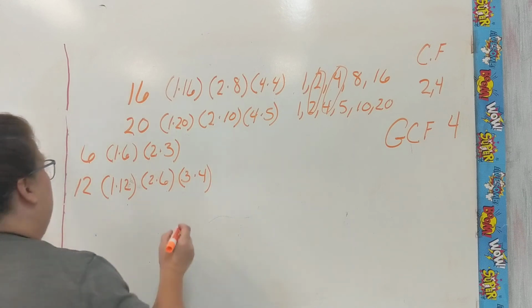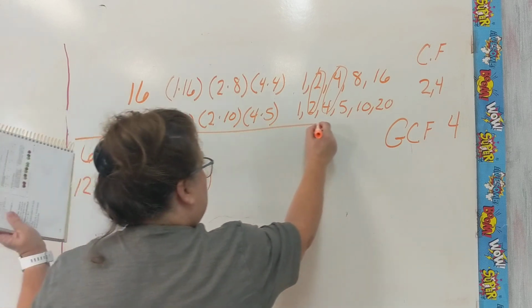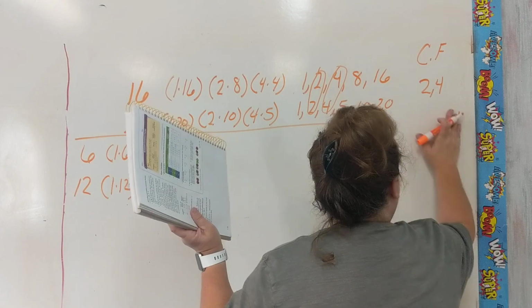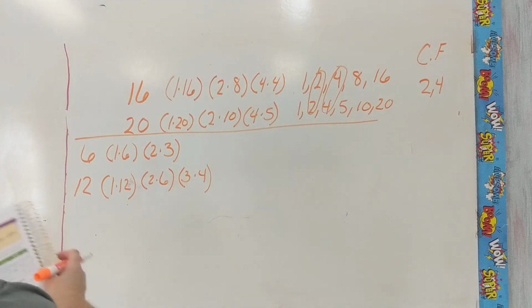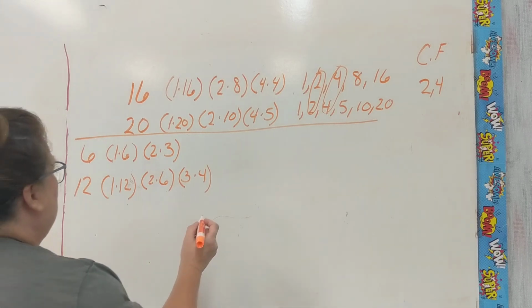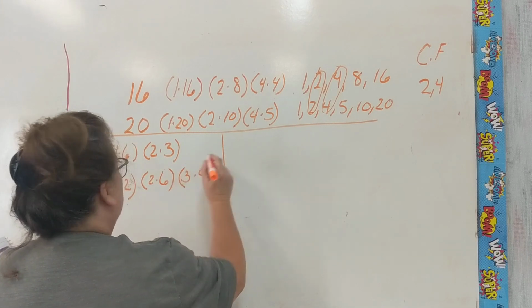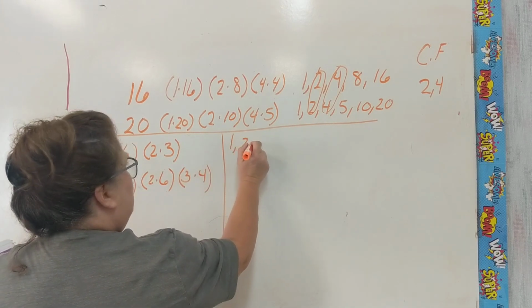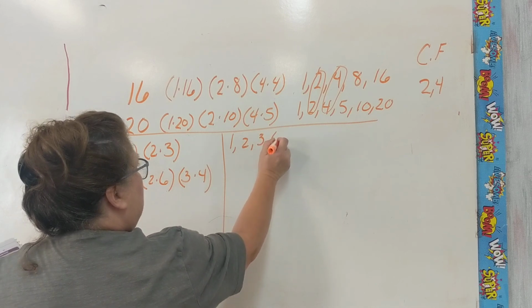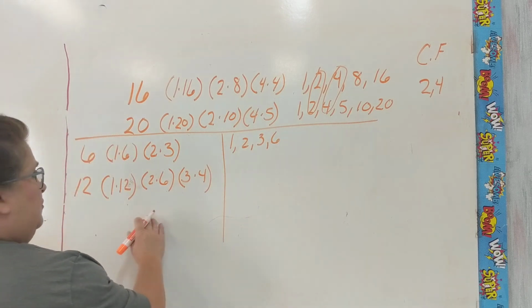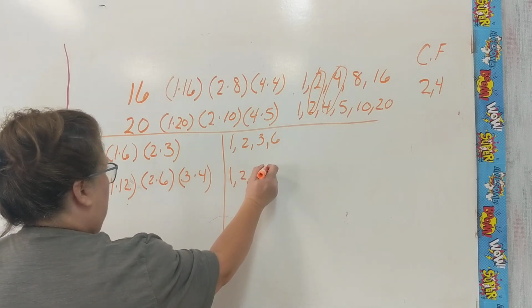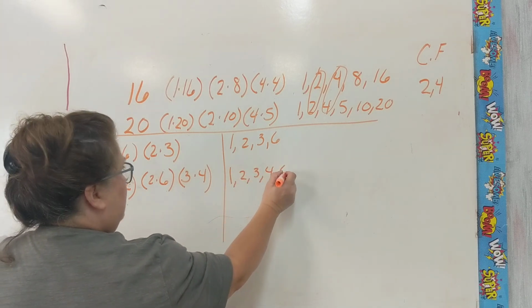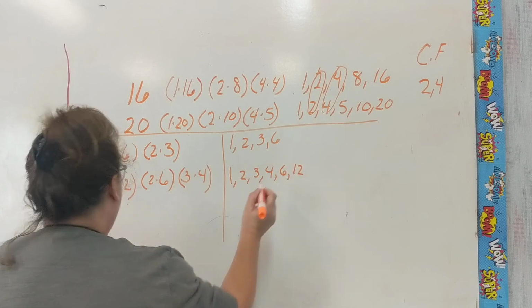Going over in our box, it asks us to list our factors in numerical order. So our factors for 6 are 1, 2, 3, and 6. Our factors for 12 are 1, 2, 3, 4, 6, and 12.